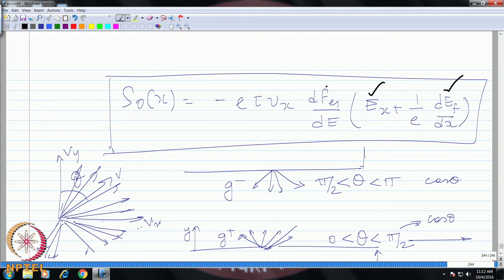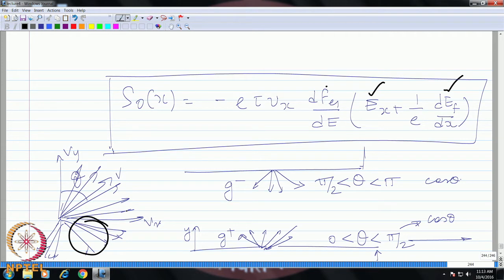So, the pi by 2 to pi will contain information of all the scattered phonons in the downward direction. Okay. And similarly, the phonons reaching the bottom boundary will have phonons scattered in the positive y direction. So, there the theta will vary from 0 to pi by 2 and the direction cosines will be positive, right.